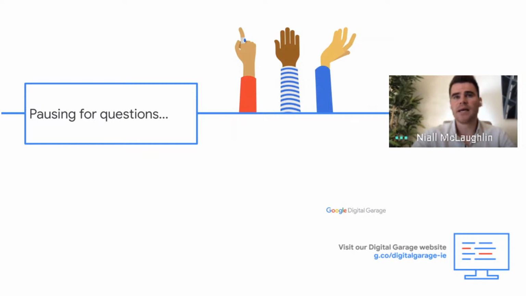So the simple answer is yes. The cost of keywords can change frequently. Now it depends on a number of different factors. Generally, the biggest thing is how competitive the typical auctions for that keyword are.